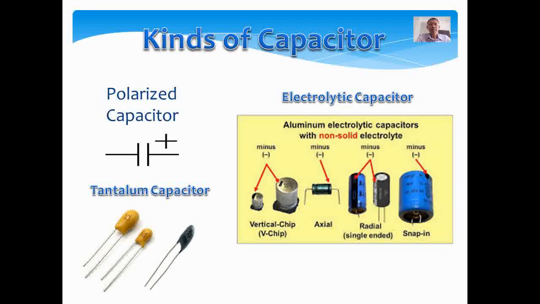The longer the terminal, it means that it is the positive terminal of the capacitor. So when the capacitor terminals are already cut, you can use the markings on its body. The black markings show that it is the negative terminal of the capacitor.